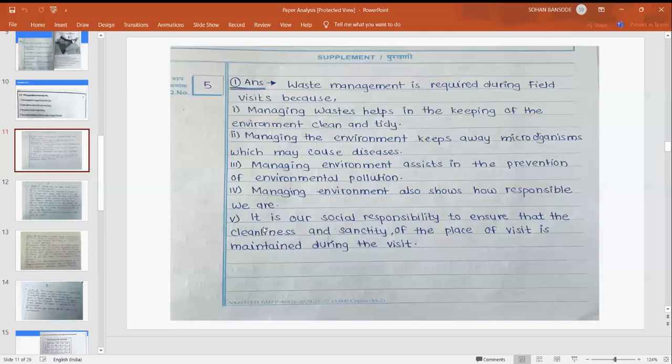Fifth one is, it is our social responsibility to ensure that the cleanliness and the sanctity of the place of the visit is maintained during the field visit. So this would be your answer. I have mentioned 5 points. You can add a few points of your own also, but a minimum of 5 points are required.